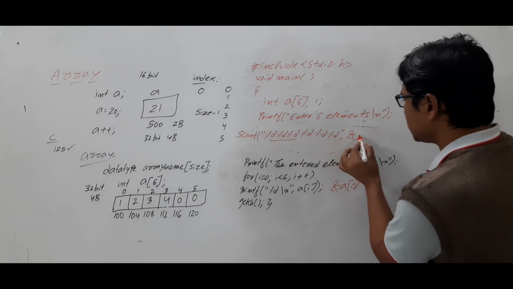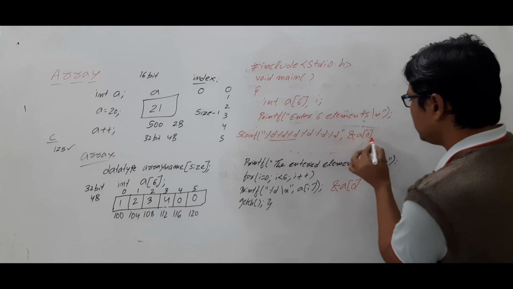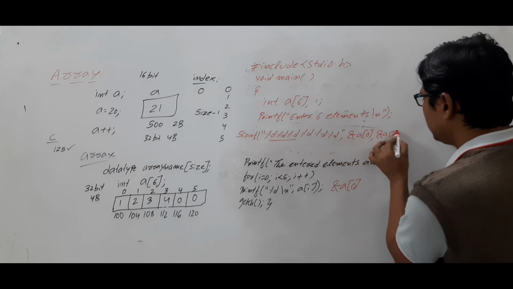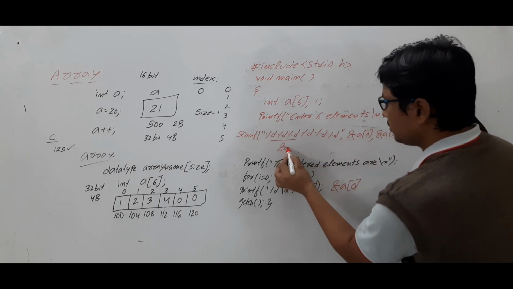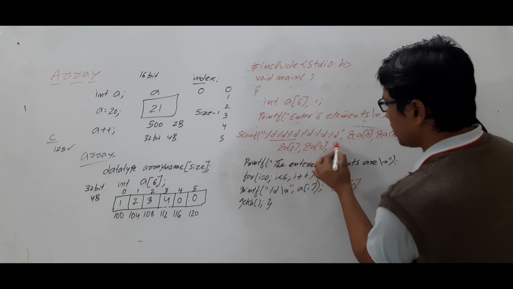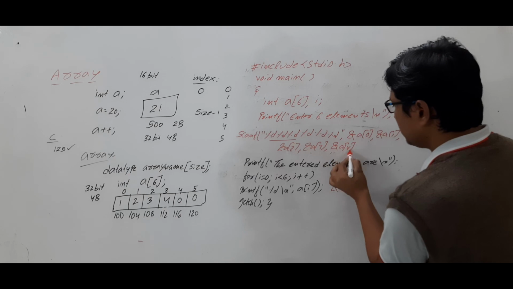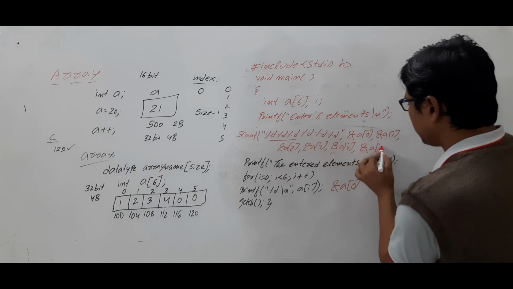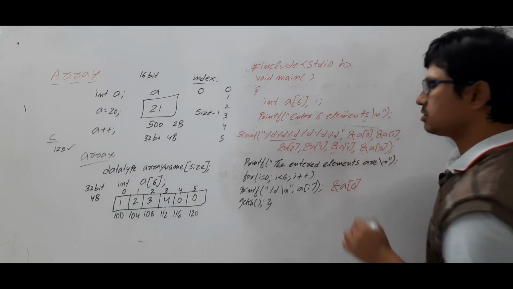And then you specify &a[0], &a[1], &a[2], &a[3], &a[4], &a[5]. Like this you need to specify.